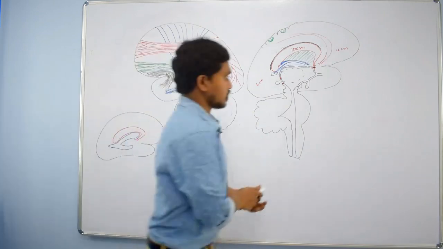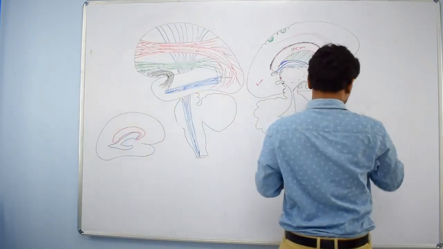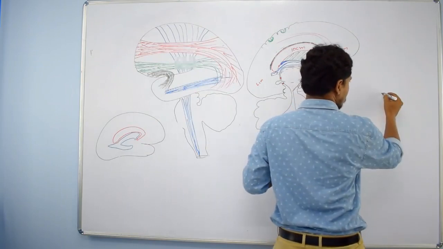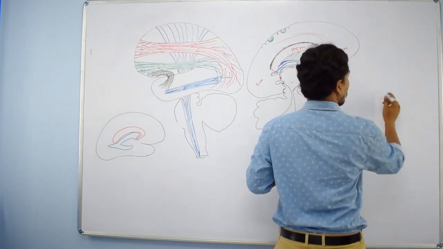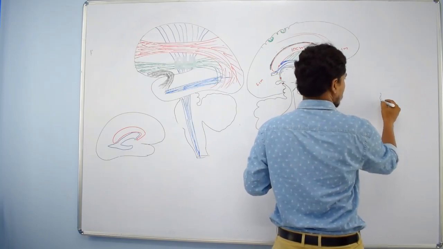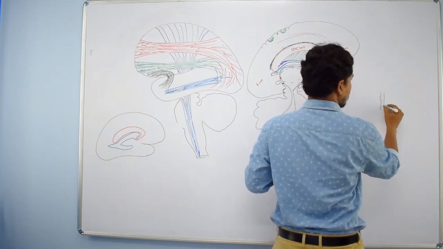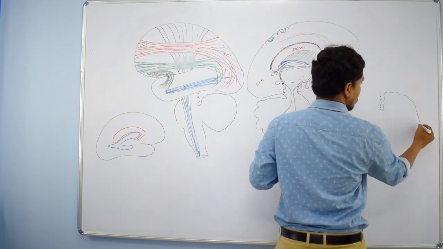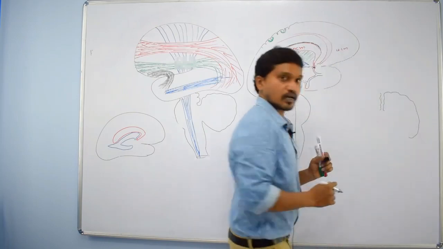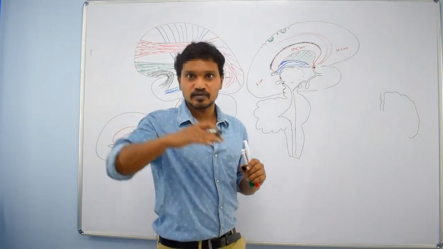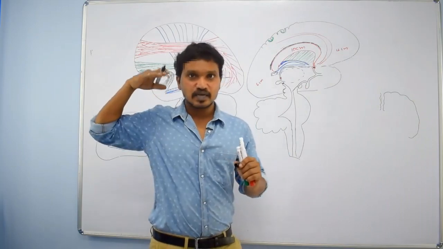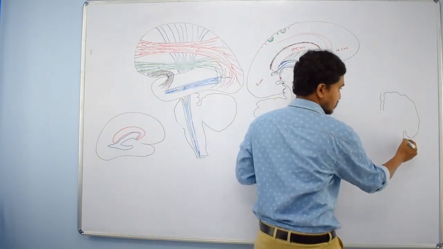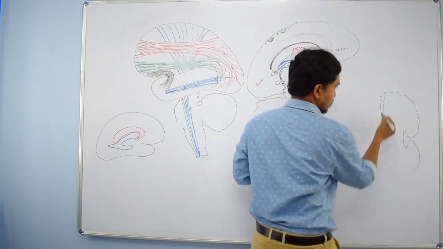See this? Here, this is one cerebral hemisphere and this is another cerebral hemisphere. This is the lateral sulcus. When you take the section like this, the lateral sulcus also will be there, no? So, this is the lateral sulcus here.